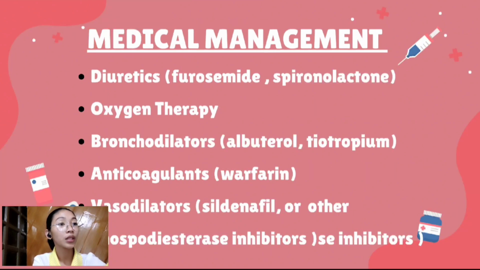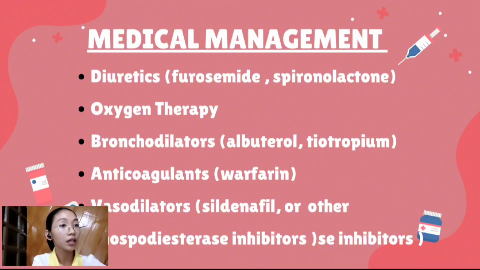So next is the medical management. So we have here the diuretics. Examples include furosemide and spironolactone, which reduce fluid retention to relieve symptoms of congestion. Next is the oxygen therapy.